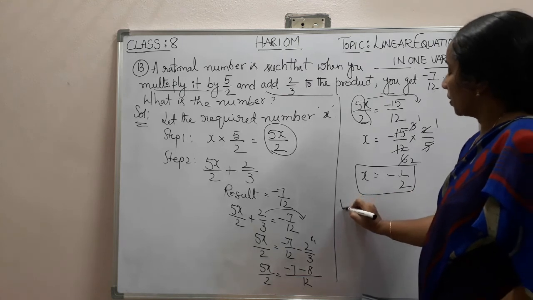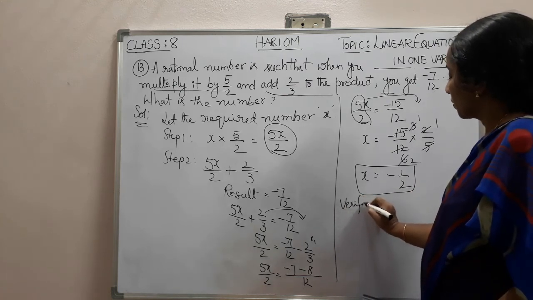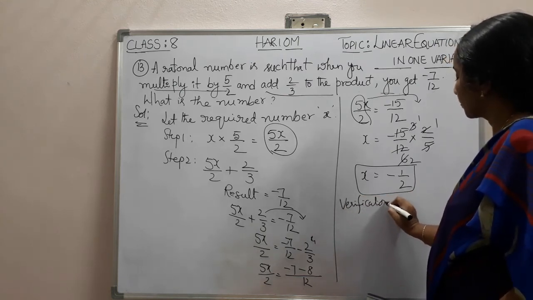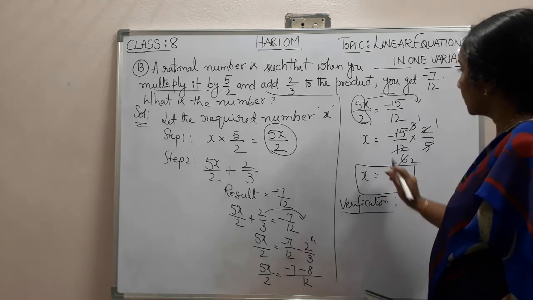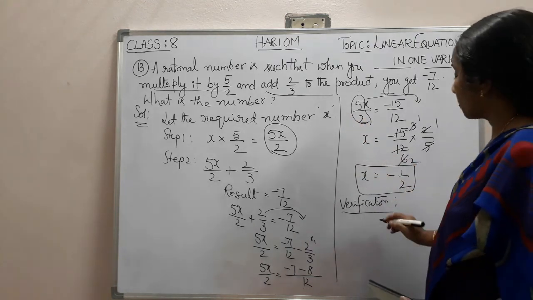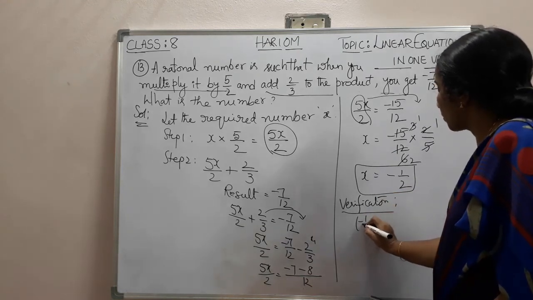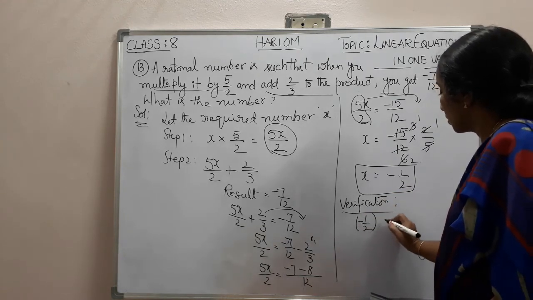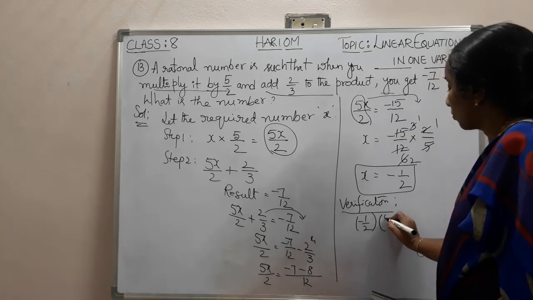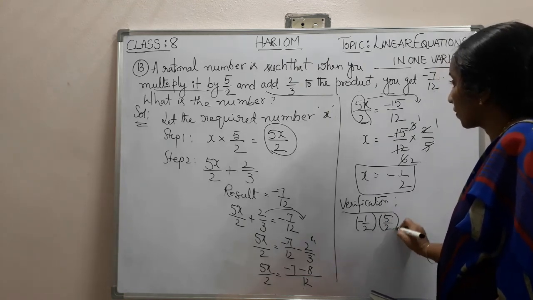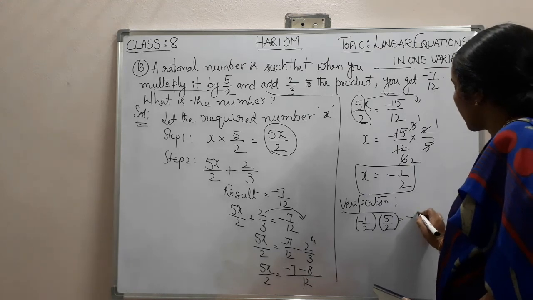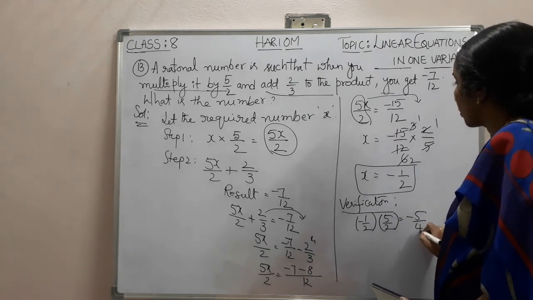Okay, we are going to verify what they said. Rational number is multiplied by 5 by 2. That is minus 1 by 2 into 5 by 2. It is minus 5 by 4.